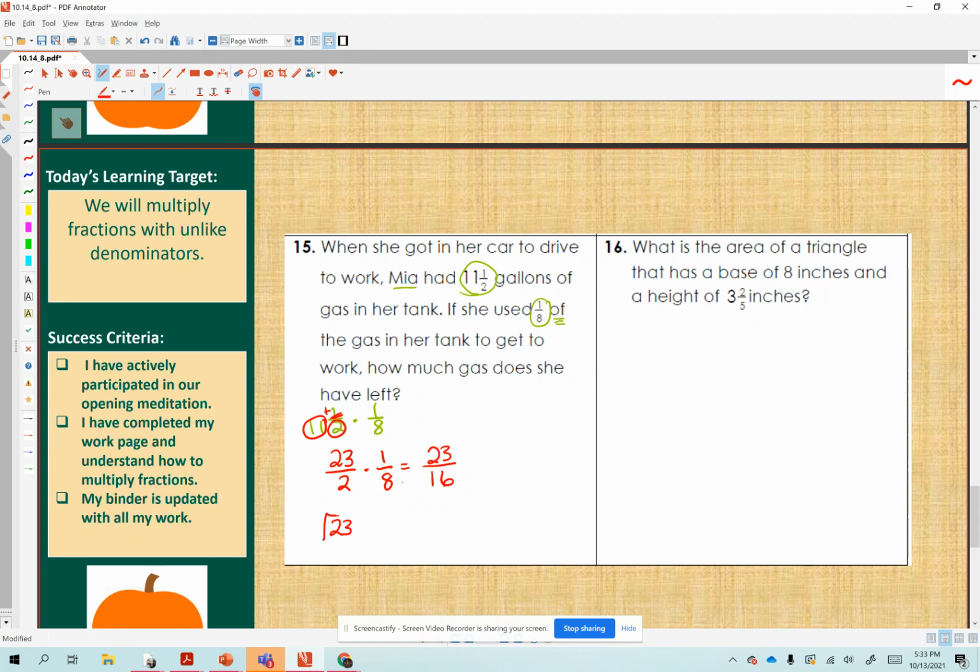Now we can convert that back into a mixed number by dividing 23, excuse me, by 16. So one group of 16, we subtract, and that leaves us with 1 7/16 is what she used.